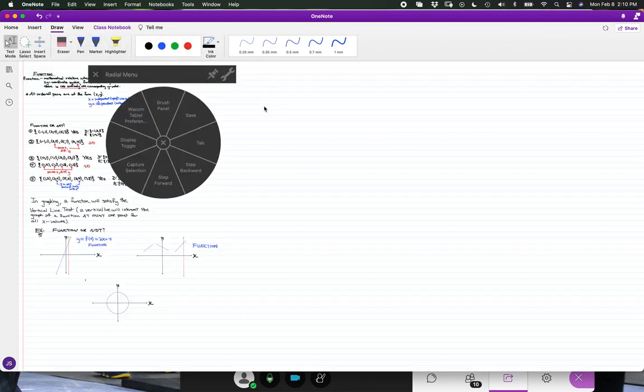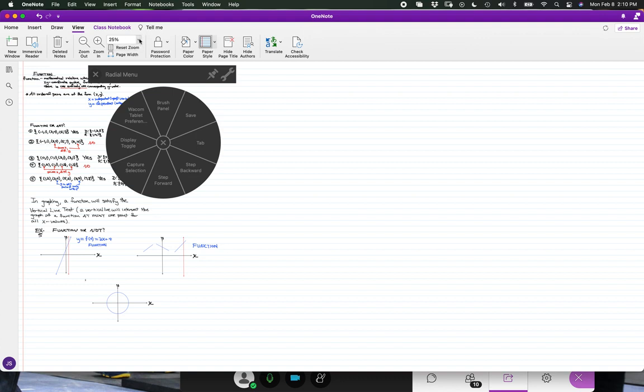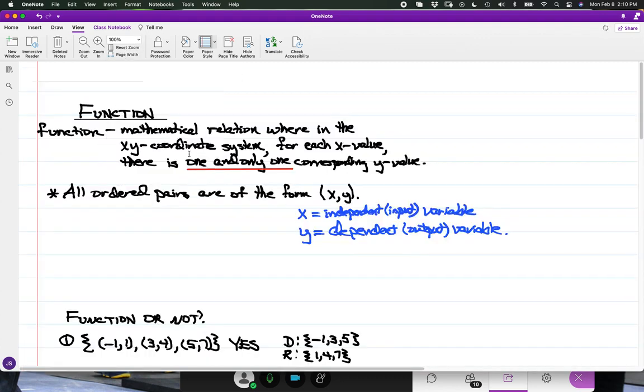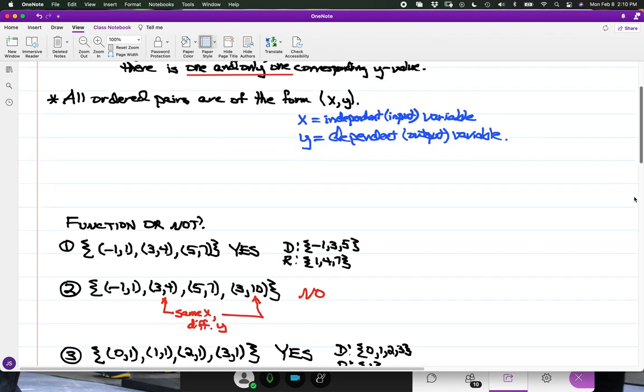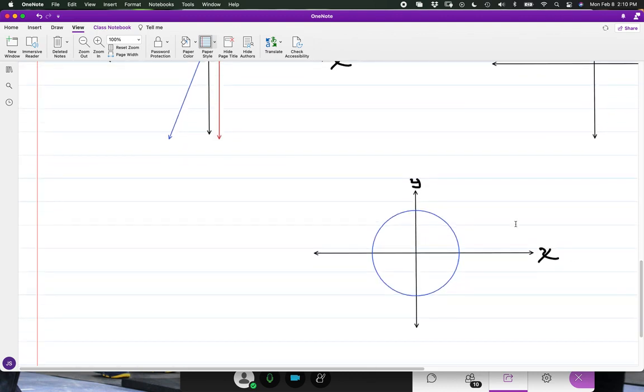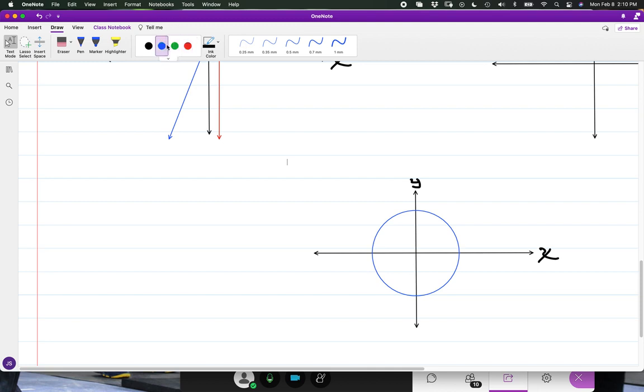We'll say that it is centered at the origin. And this circle will cross the x-axis at (-2, 0) and (2, 0), and the y-axis at (0, 2) and (0, -2).